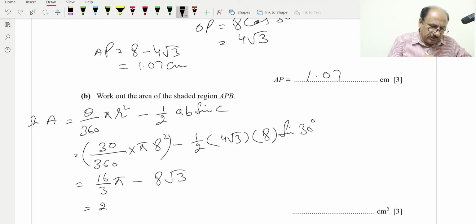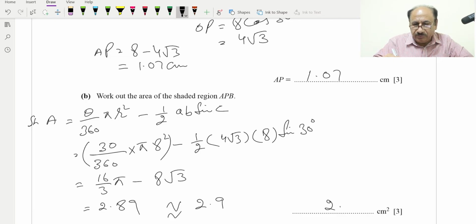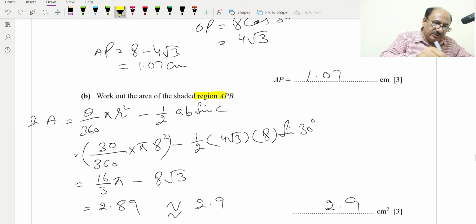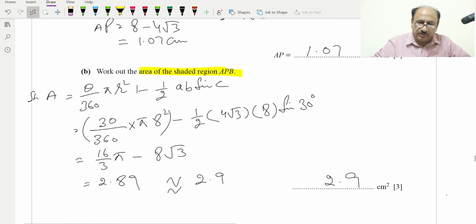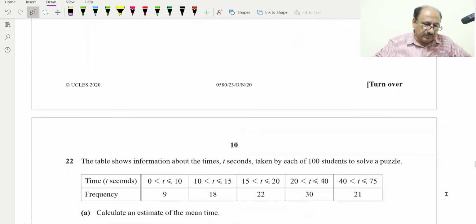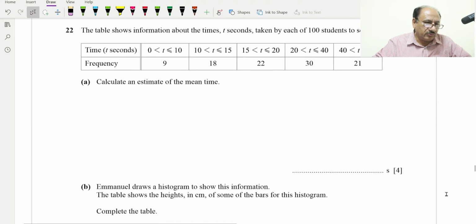So we can write 2.89 approximately equal to 2.9. So our answer will be 2.9 centimeter. So this is basically the shaded area which we have calculated. This was 3 marks, and this was not a difficult question.